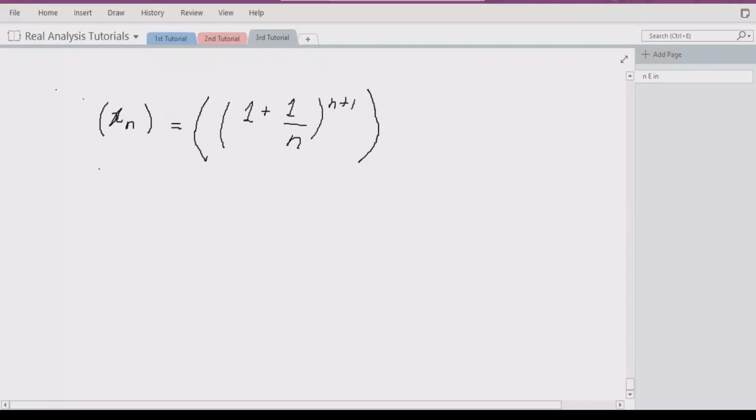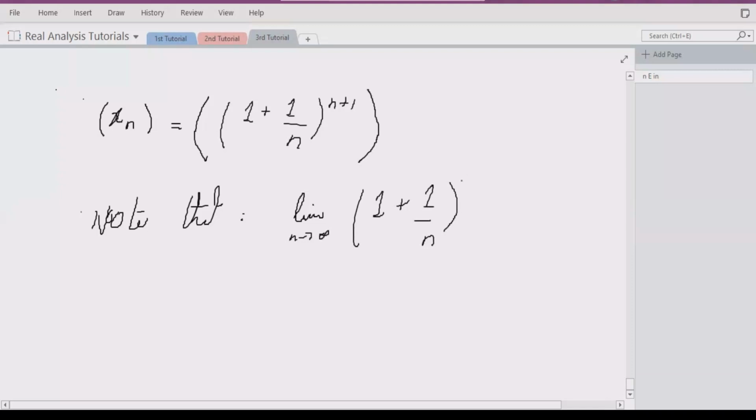For this, first note that we have already proved this: the limit as n tends to infinity of 1 plus 1 over n, raised to the power n, is equal to e.